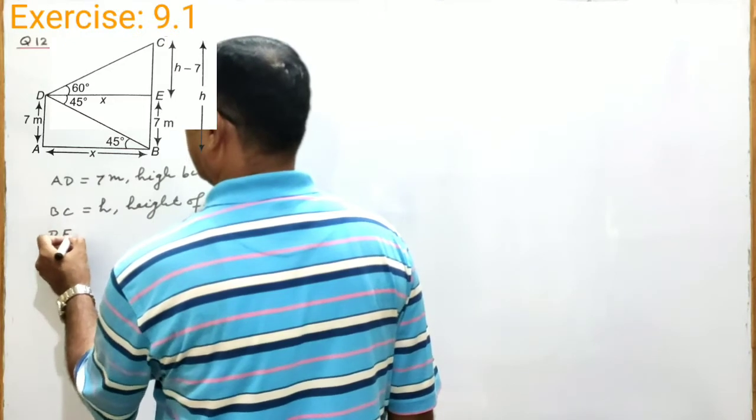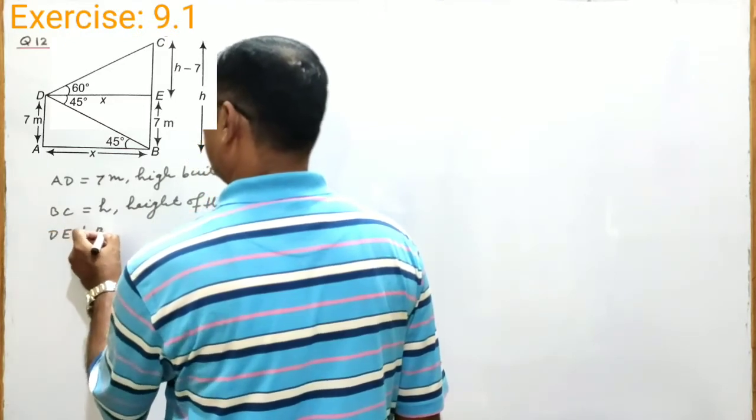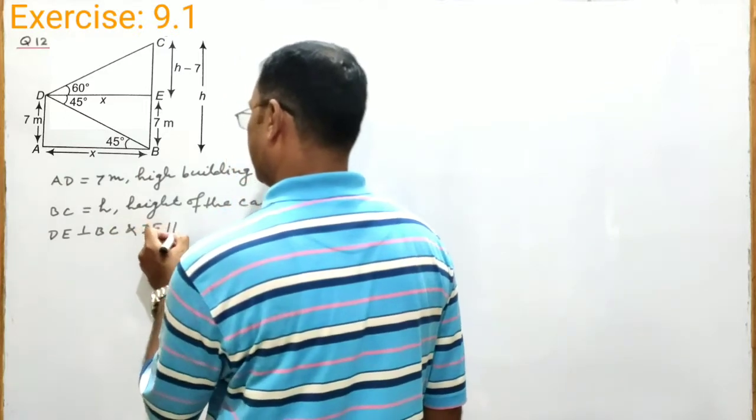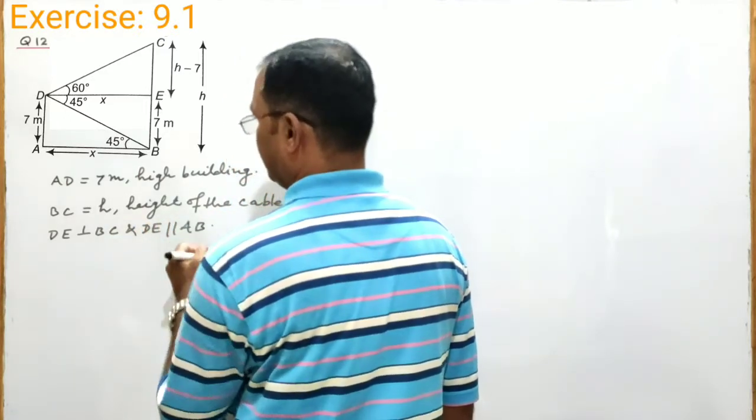DE is drawn perpendicular to BC and DE is horizontal, also parallel to AB.